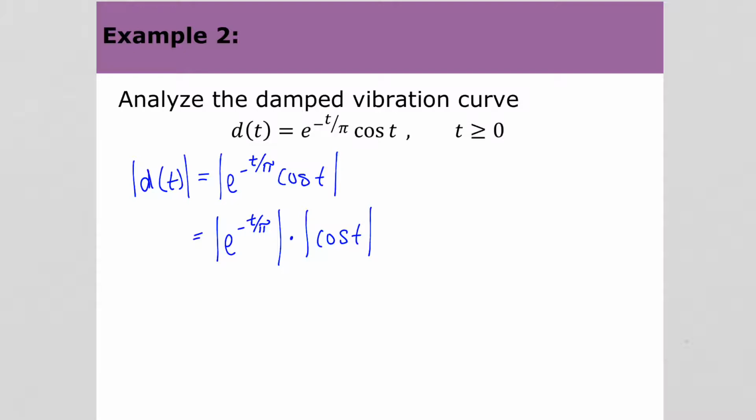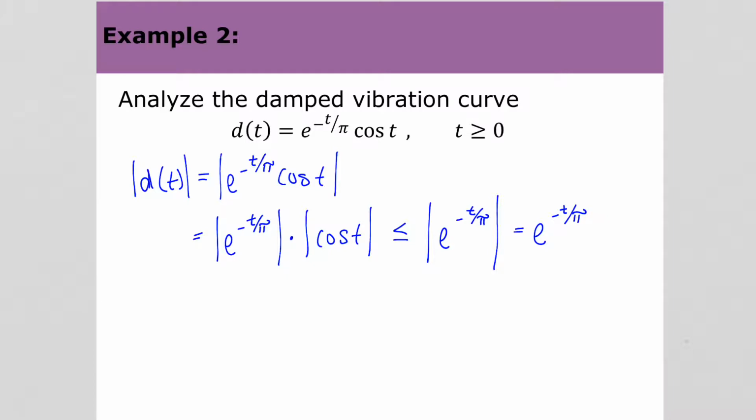This is then less than or equal to e to the negative t divided by pi, and the absolute value of that is just e to the negative t divided by pi.